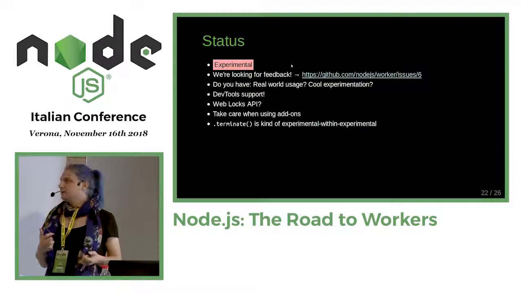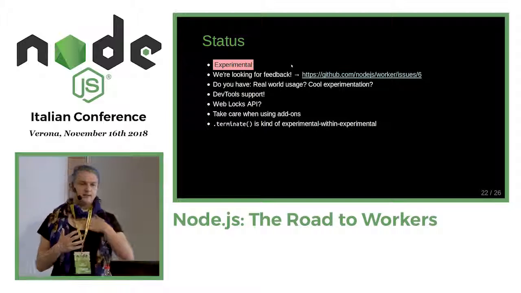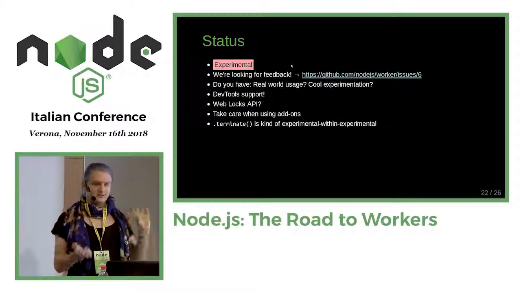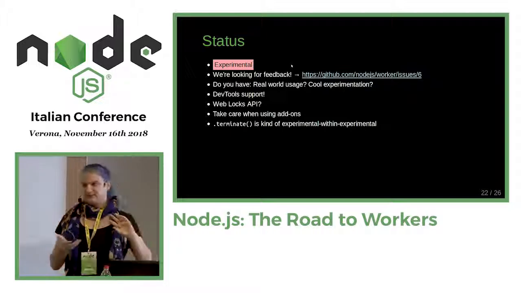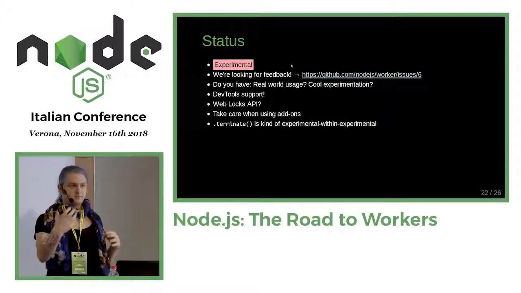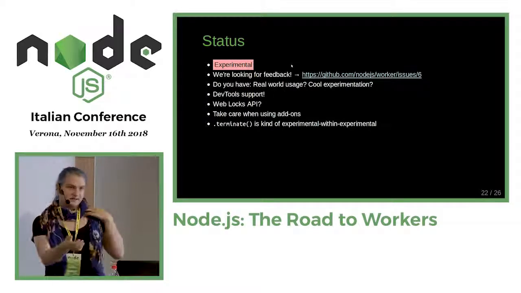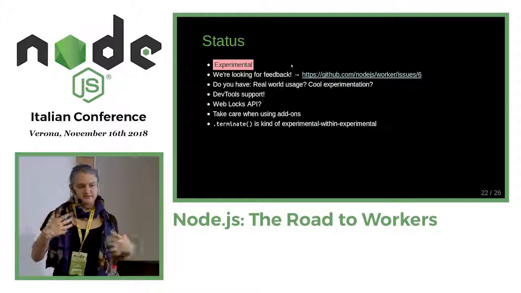We're also looking at maybe implementing the Web Locks API. It's a slightly different approach to resource management in multi-threaded environments. It's a promise-based thing where you acquire a lock, then you run an async function, and then you release it. It's very high level.